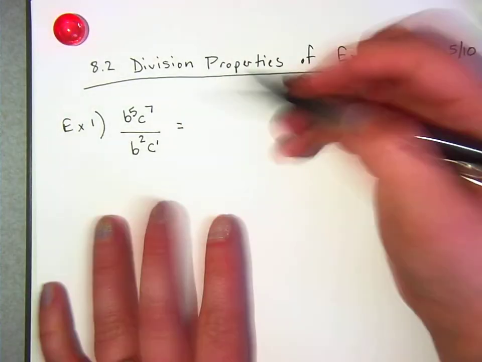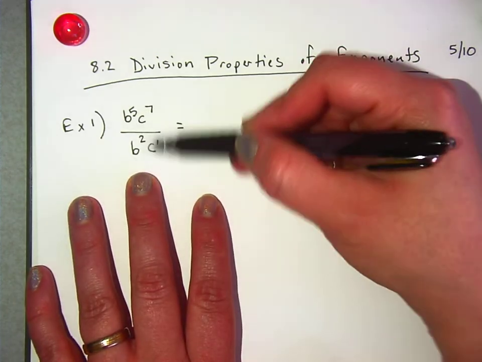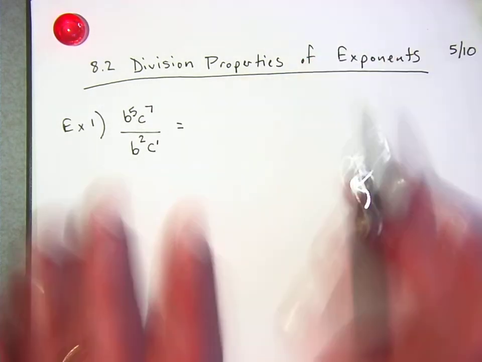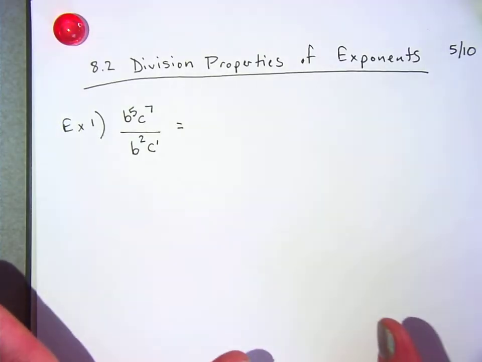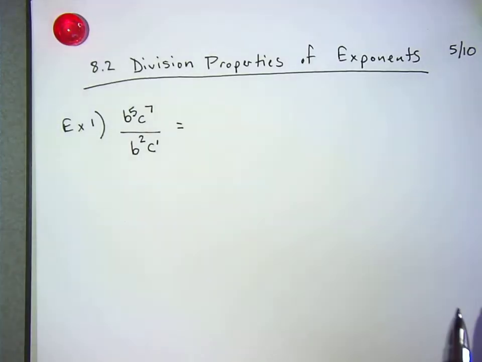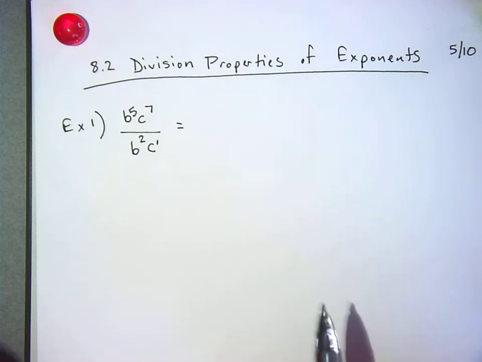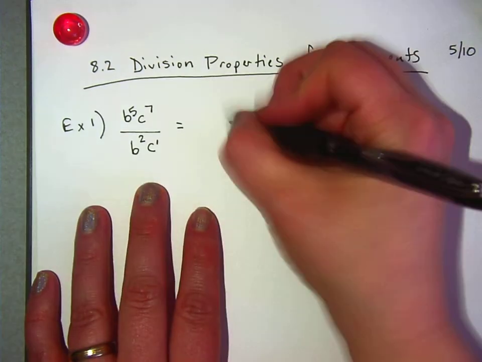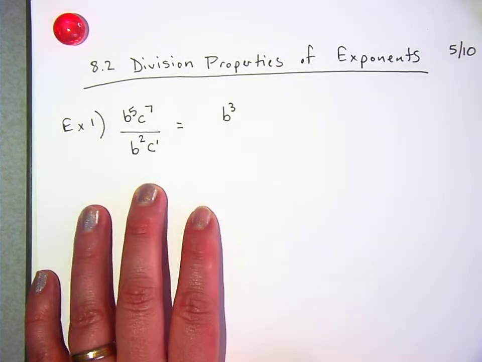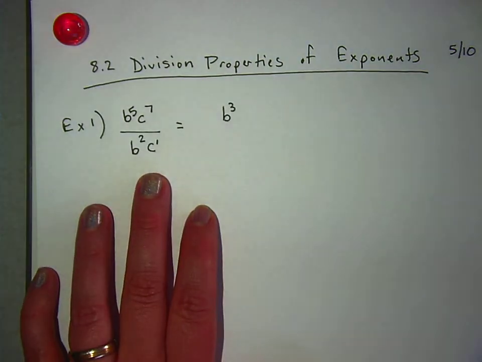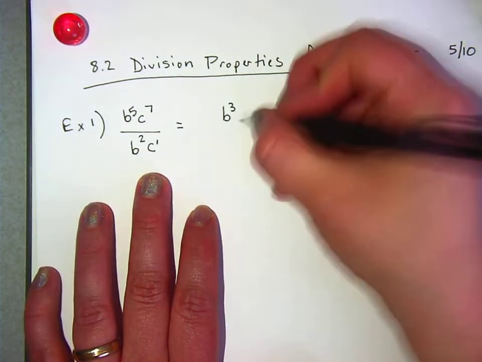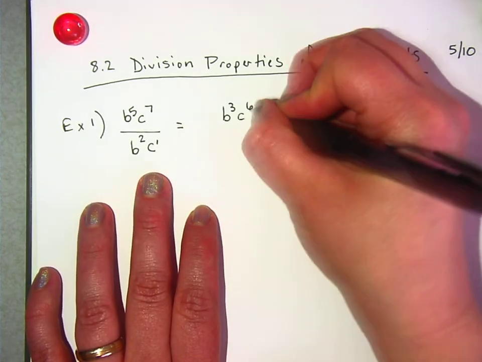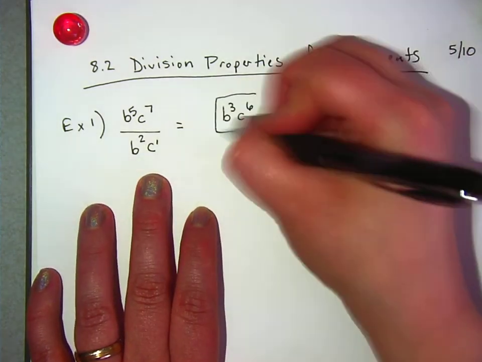So what I'm going to do is, remember it has to have the same base. Imagine in your head, you've got 5 B's on top, 2 B's on the bottom. So if you start canceling out, what's left? 3 on the top or the bottom? Top. Okay, so B to the 3rd on the top. And we've got C to the 7th and C to the 1st. Cancel them out in your heads. What's left? C to the 6th on top. That's the answer.